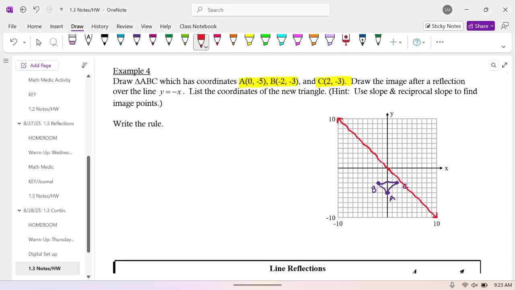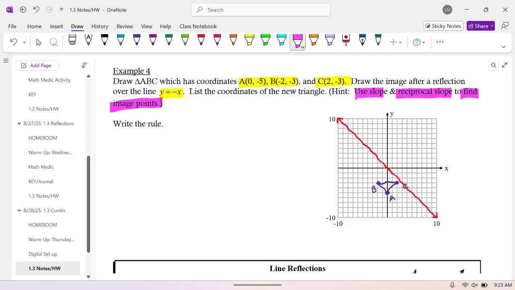Now, I'm not going to tell you the rule for this one just yet. We're going to find it out using that slope method. All right. So we are going to use that slope method that we just did. So we're going to find a slope and then the reciprocal slope to find the image points. So like I said, just pick a reference point on the line.